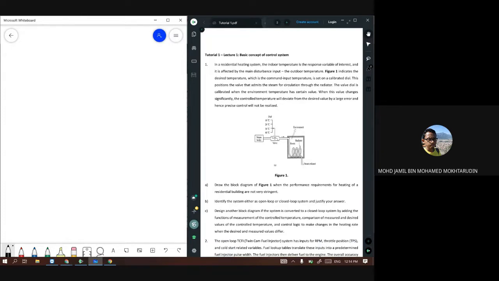So we know that the input is the desired temperature, and then this input is controlled by this calibrated dial, meaning that when we adjust this dial, then the valve position will change and release the steam boiler into the radiator or into the room. So we have a controller here, which is the dial or the valve.